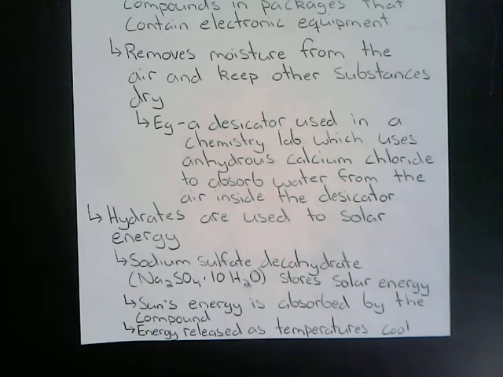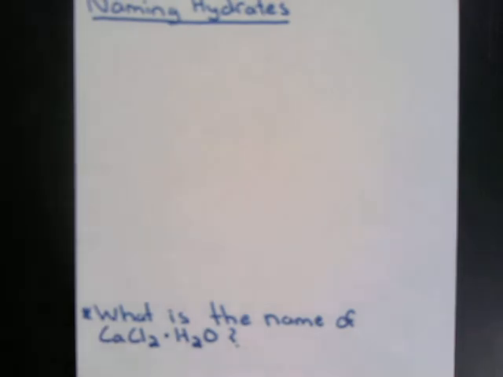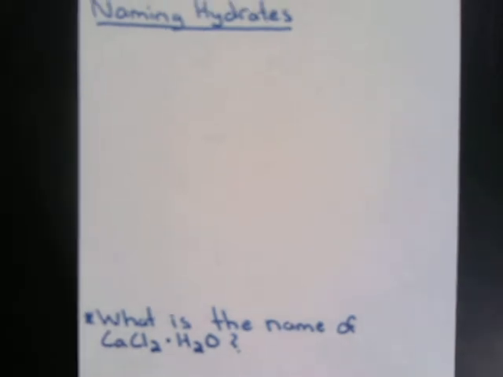Now we're going to shift gears to how to name or how to write the formula of a hydrate. So, naming hydrates. The way that we name hydrates is as follows.